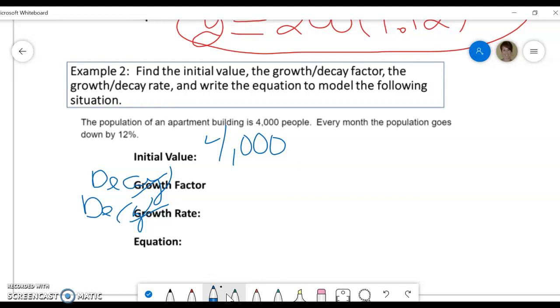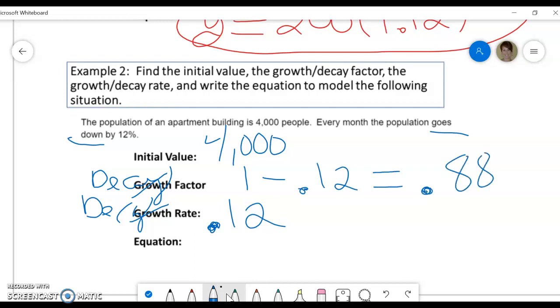The decay rate is 0.12, but because it says every month it goes down, we would do 1 minus 0.12, which is 0.88.